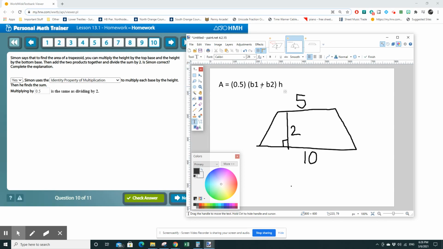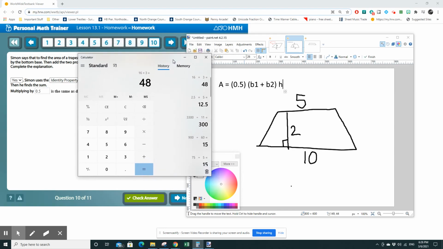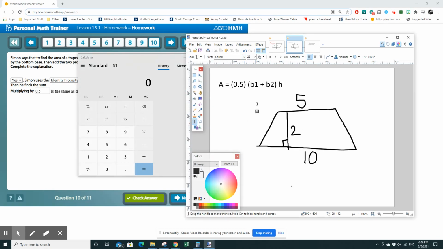So let's do my trapezoid. Base 1 plus base 2, which is 5 plus 10, and 5 plus 10 is 15.